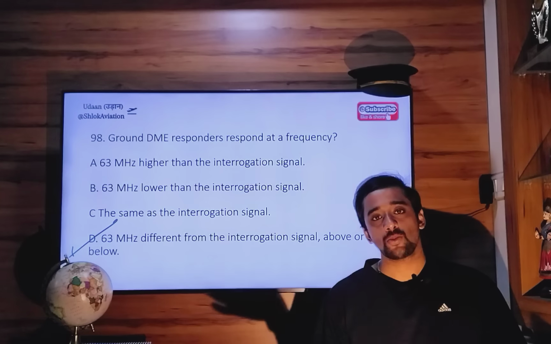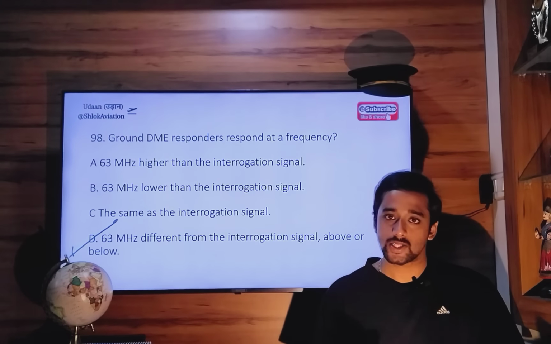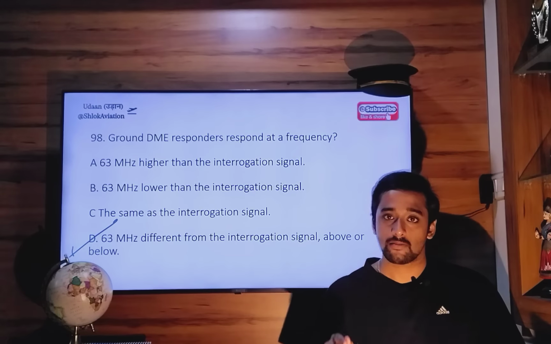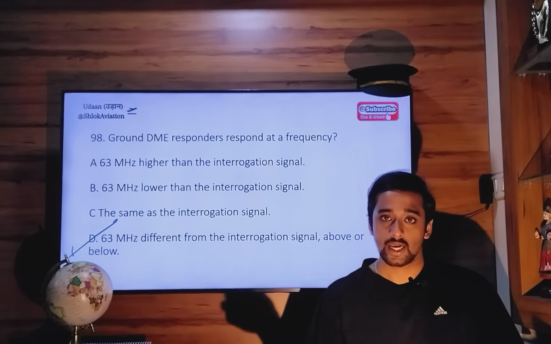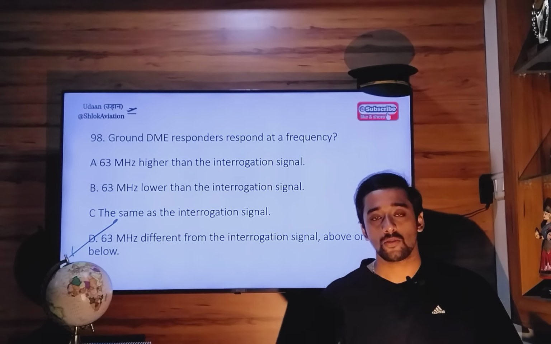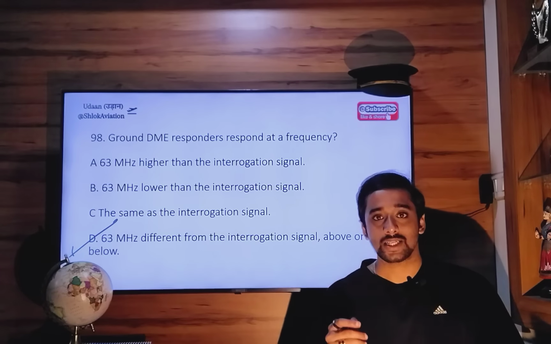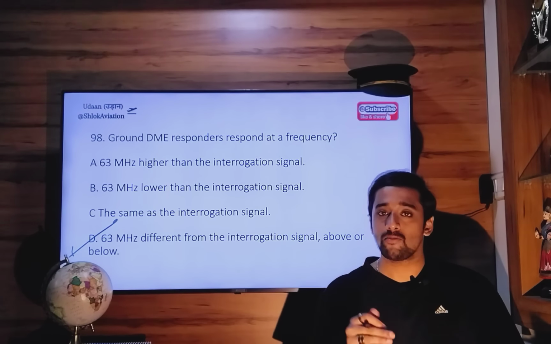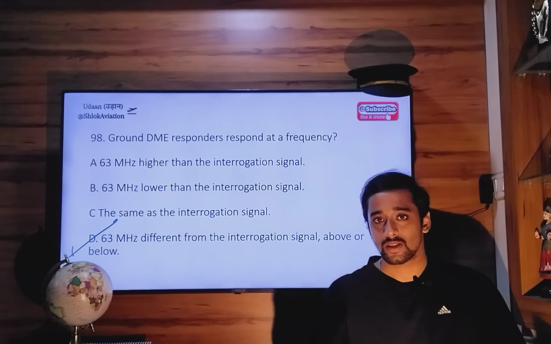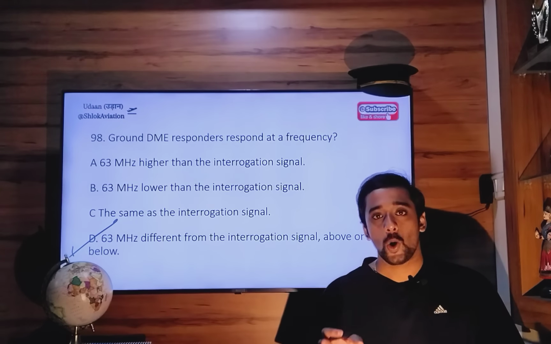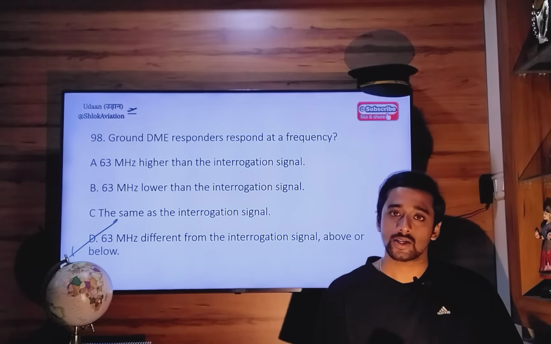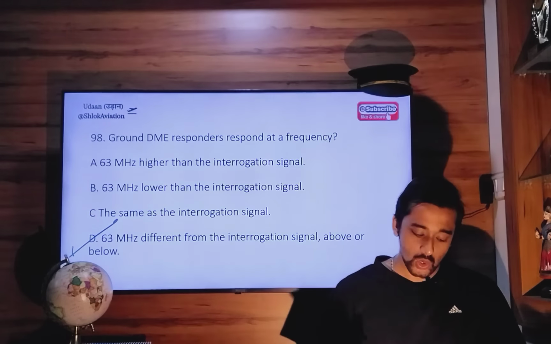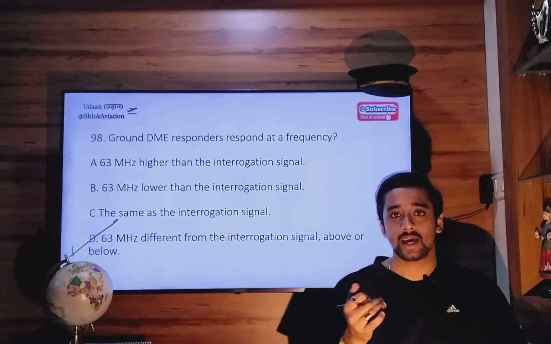The ground transponder will reply to this interrogation pulse on a different frequency, and this frequency will be different from the interrogation frequency by 63 megahertz. That means the reply frequency can be more, so 1000 plus 63, or it can be less, so 1000 minus 63. Okay, so delta is the most suitable option. It can be above or it can be less than that.